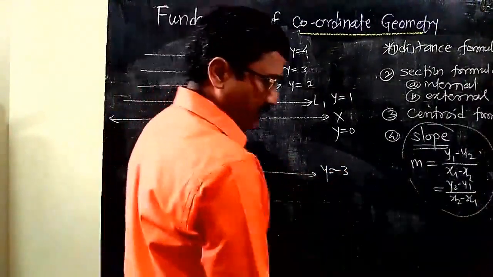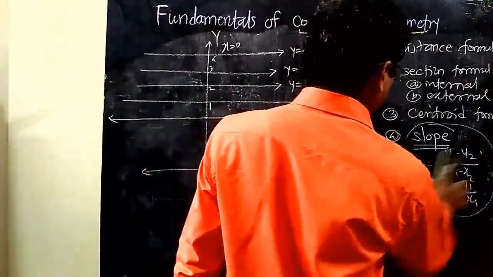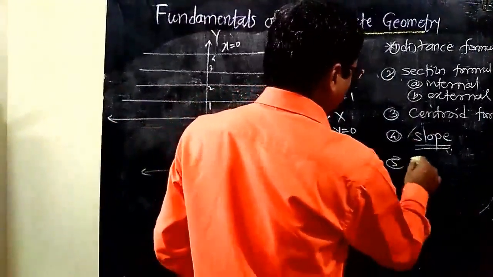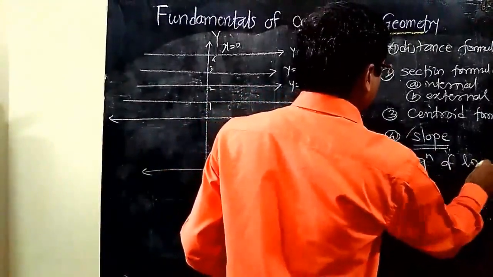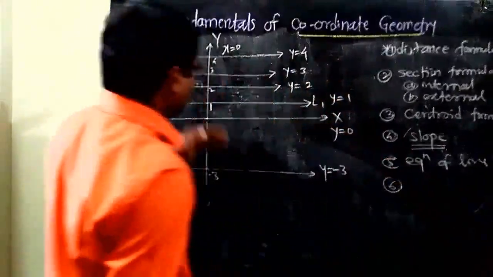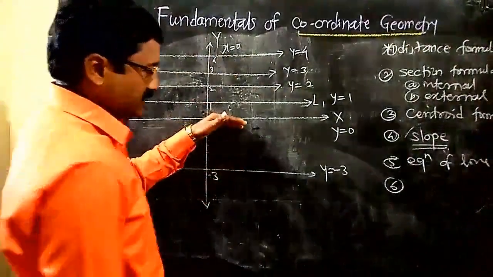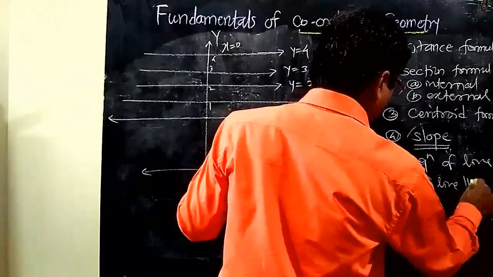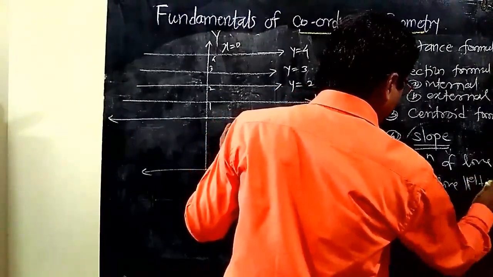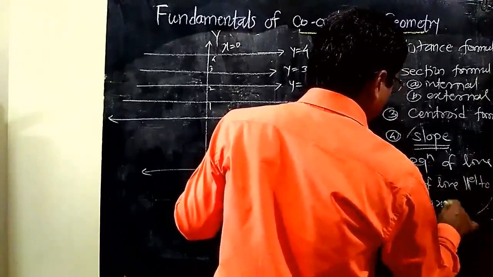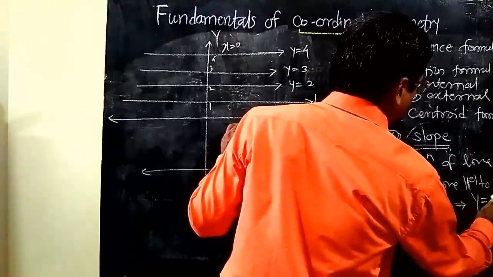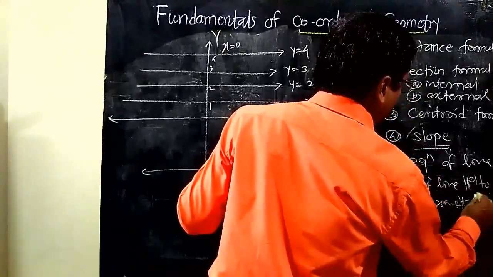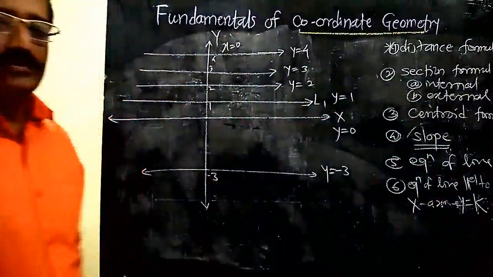So in general, the equation of a line parallel to the x-axis is y equal to k, for a constant.